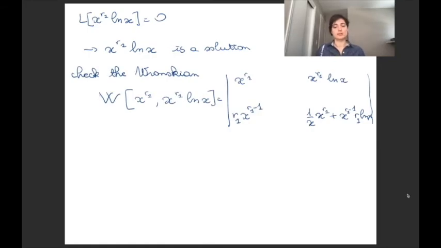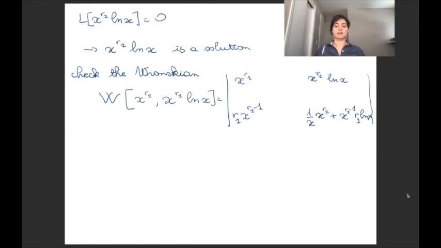Let's check the Wronskian to be sure that x to the power r1 and x to the power r1 times logarithm of x constitute a fundamental set of solutions. On the first line of our Wronskian, we have the two functions we want to find out if they're a fundamental set.